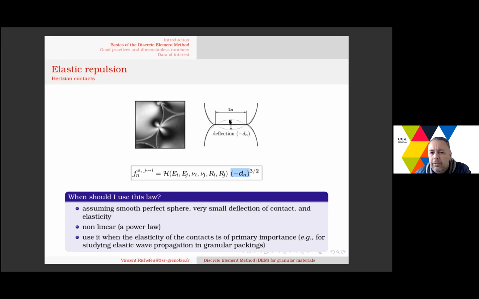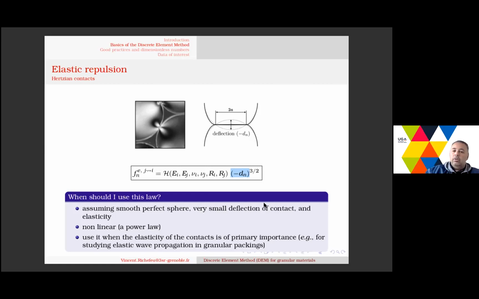What I call deflection is because the particle will look something like this with a lot of exaggeration. But in the DEM code, they are rigid particles that remain perfect circles. So the overlap between the particles can be said as a distance which is negative, and minus this negative distance is said to be the deflection of the particle.